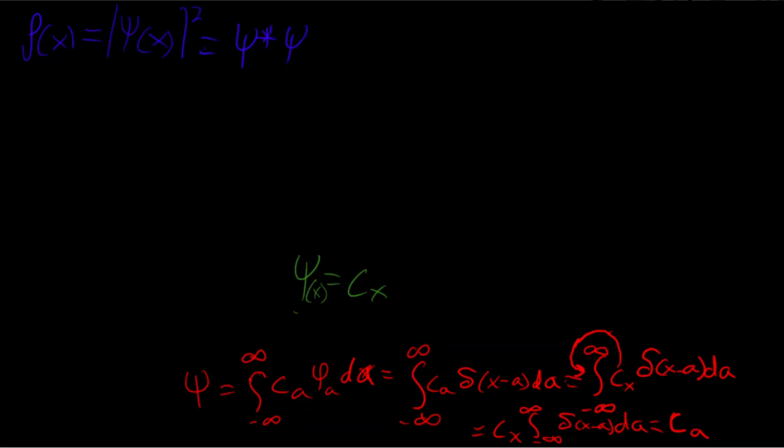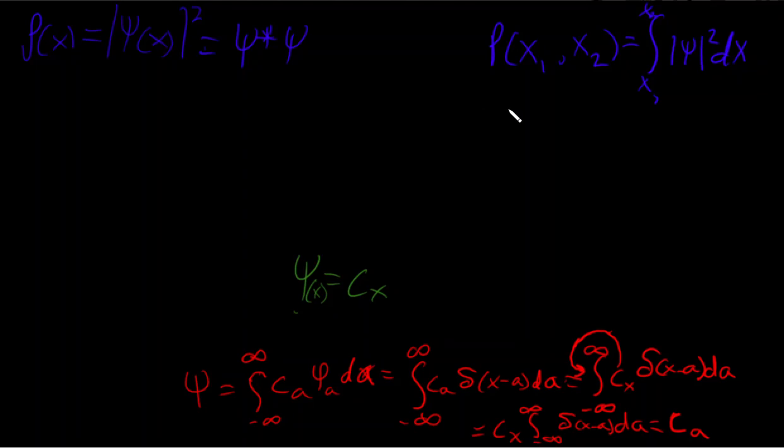And I don't remember if I mentioned in the last video, but we're still working in complex numbers. Psi can be complex. The wave function is a complex valued function. We then know the probability that the particle is somewhere between x1 and x2 is the integral from x1 to x2 of psi norm squared dx.